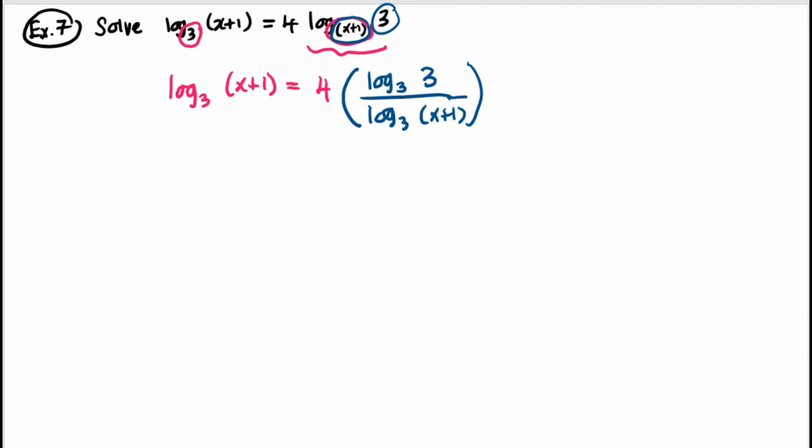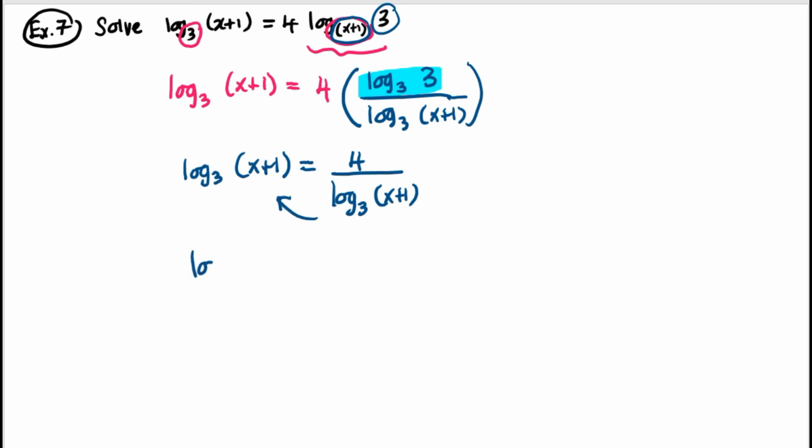Now you try to simplify this. You have log of x plus 1 base 3 on the left side, therefore log base 3 of 3 will become 1, by using the rule of log. So this one is actually 4 over log base 3 of x plus 1. I want to bring this to the left side, so I multiply this.